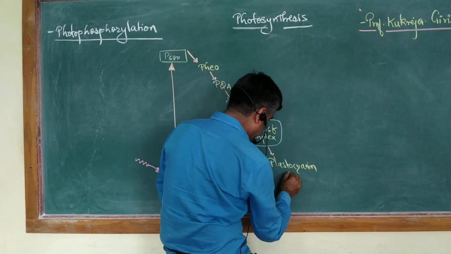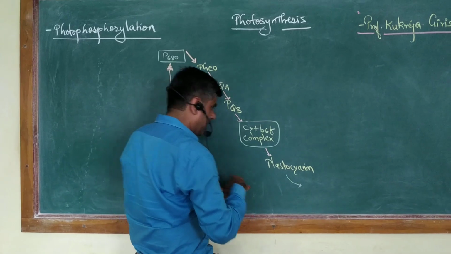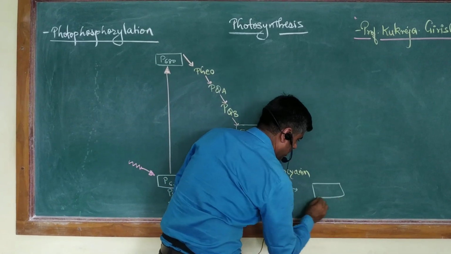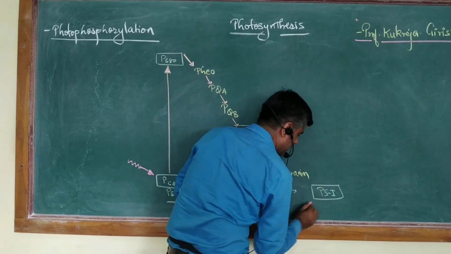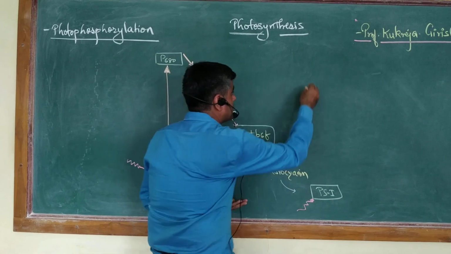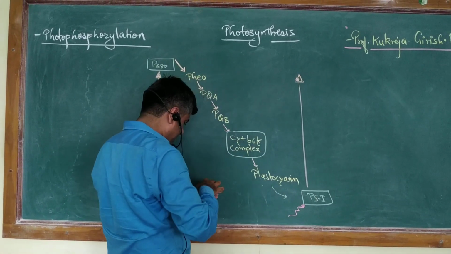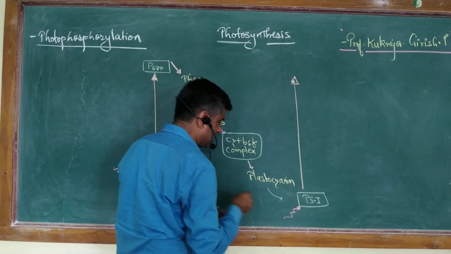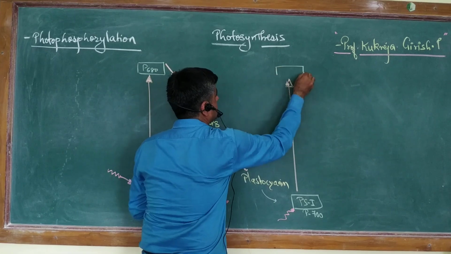From this plastocyanin, this will go to the already excited PS1. Now this particular PS1 has already been excited, it has absorbed the light, and it has gone into the excited state. And here this PS1 has P700 as its reaction center, right? So this P700 has gone into the excited state now.